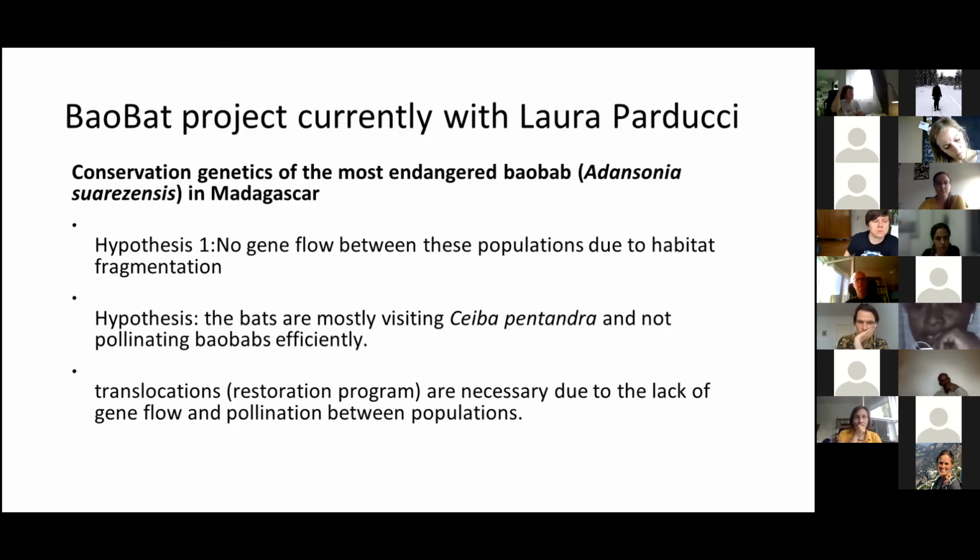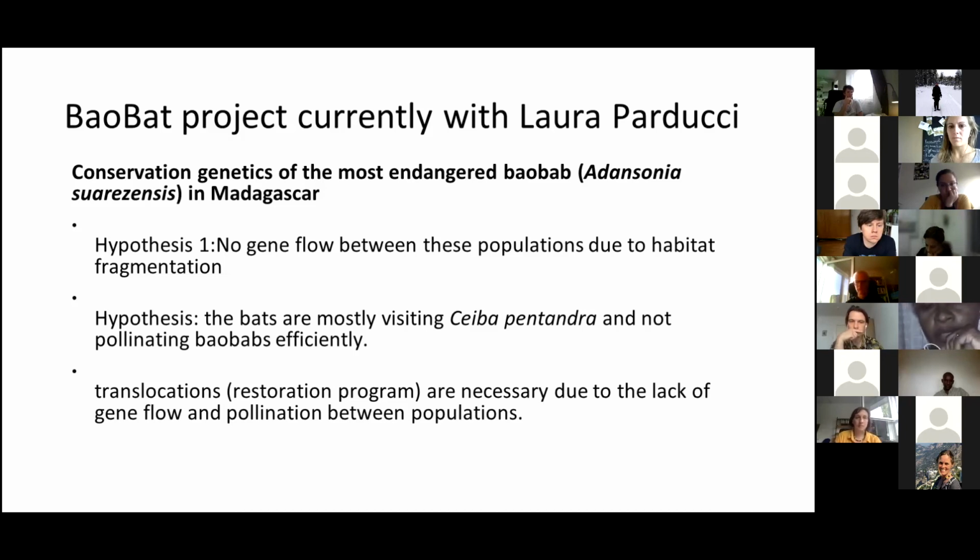I have a project with Laura, and we would like to understand the problem of the baobab in the extreme north of Madagascar, Adansonia suarezensis, because some genetic results say that this population is an aging population.